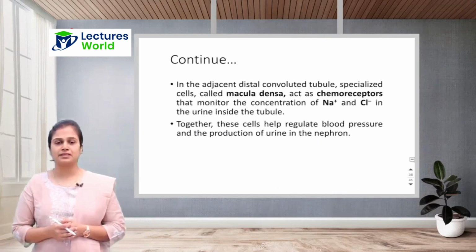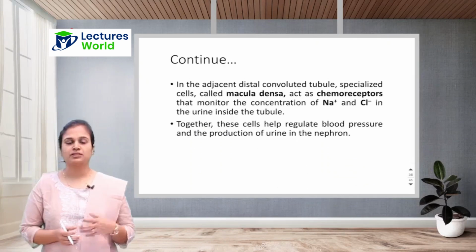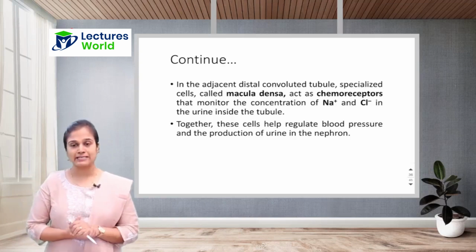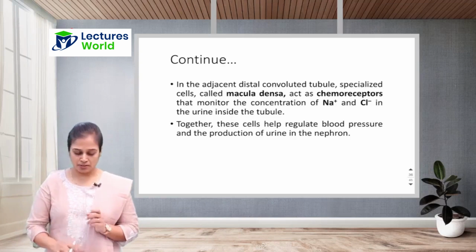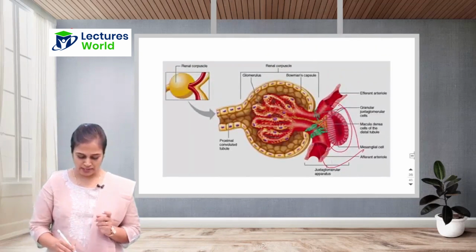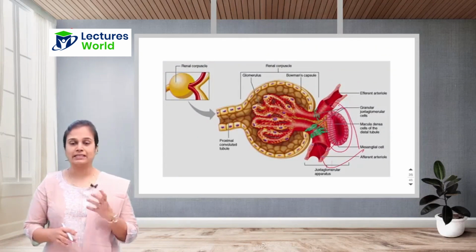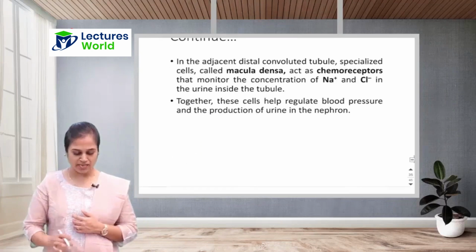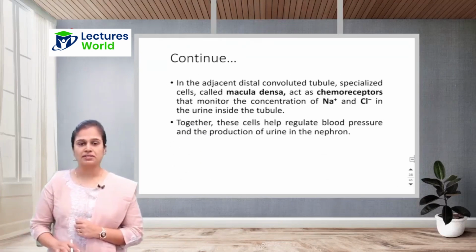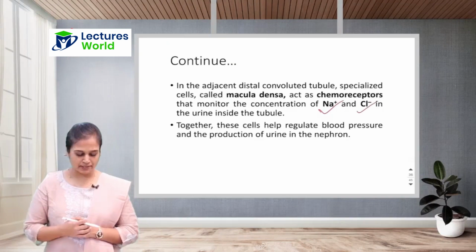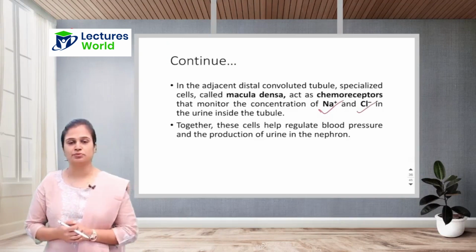In the adjacent distal convoluted tubule, there are specialized cells called the macula densa, and they act as chemoreceptors that monitor the concentration of sodium and Cl- in the urine inside the tubule.